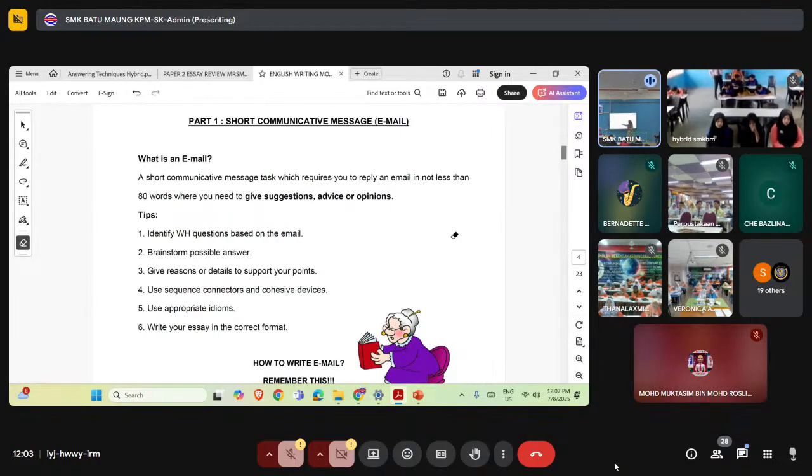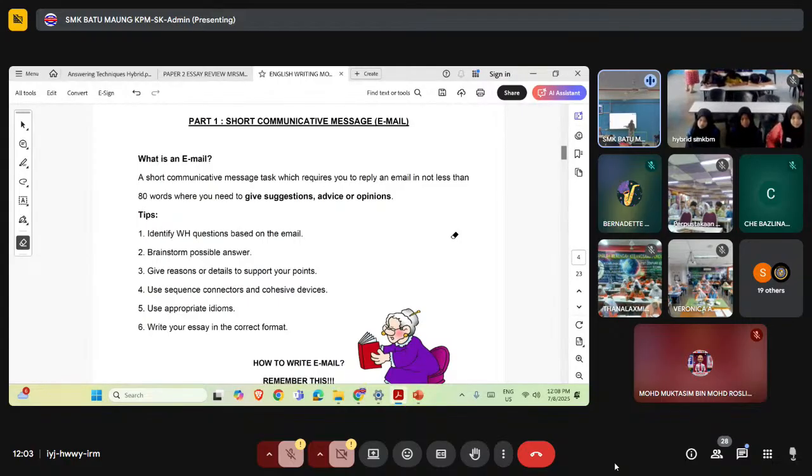All right, you have to give reasons. Sequence connectors and cohesive devices. All right, at least how many cohesive devices do you need to write? At least 2, 3 will do. Okay, and use the correct format when you write the email.